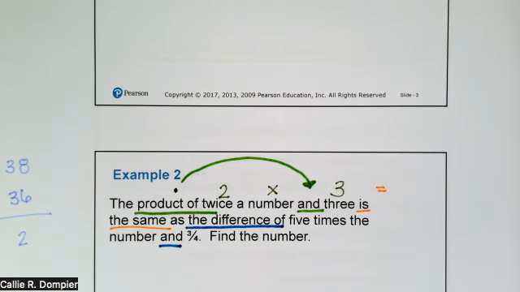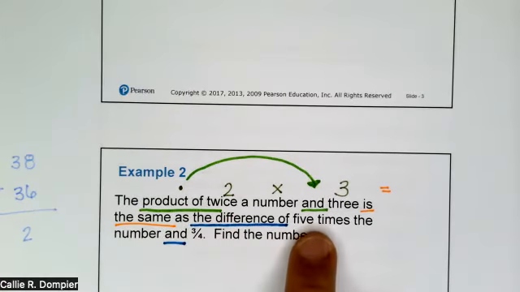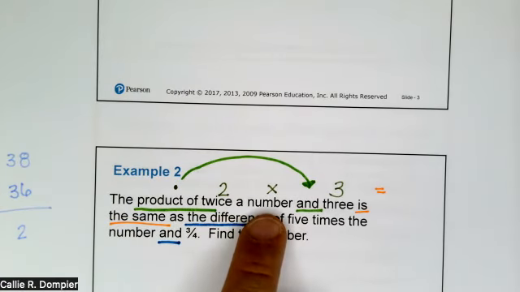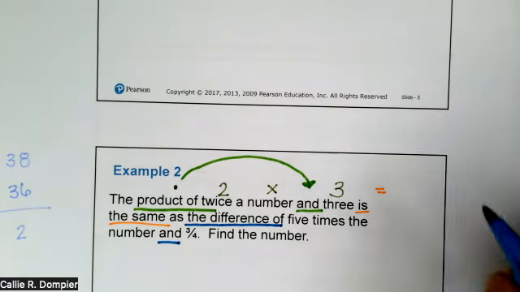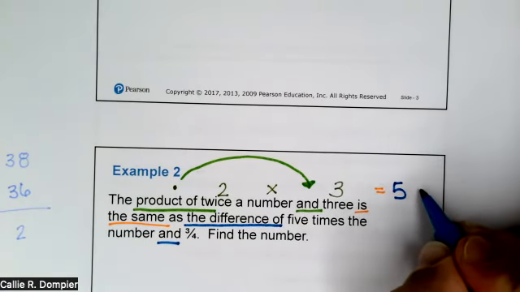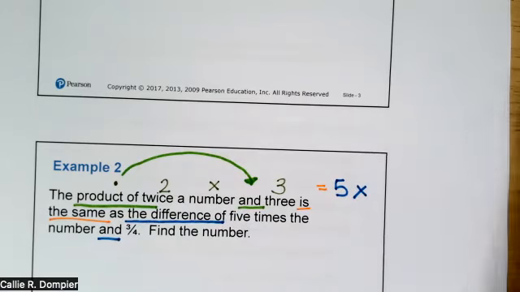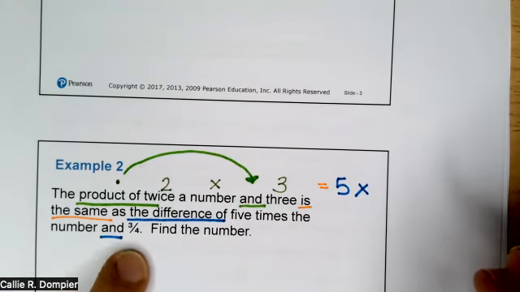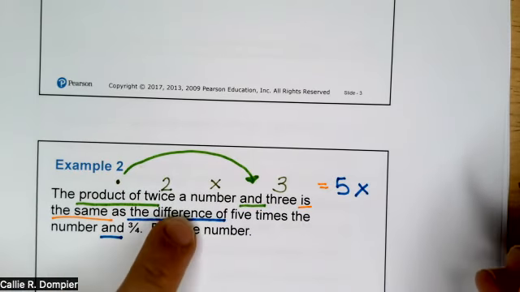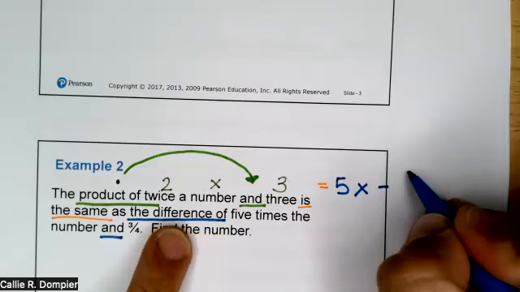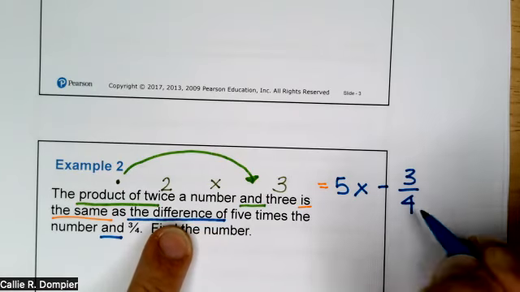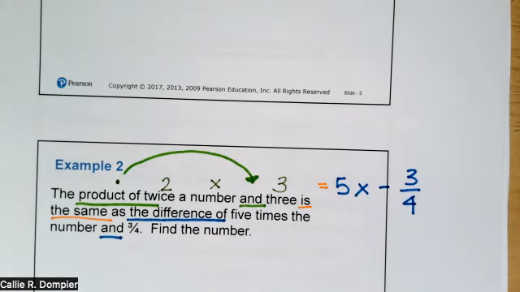Okay. 5 times a number. 5 times the number is just like twice the number. Twice the number is 2x. 5 times the number is 5x. And 3/4. We're not saying plus 3/4, we're saying the difference of. Good.